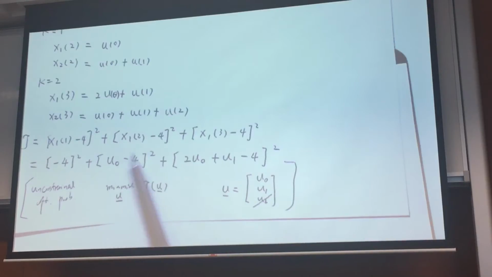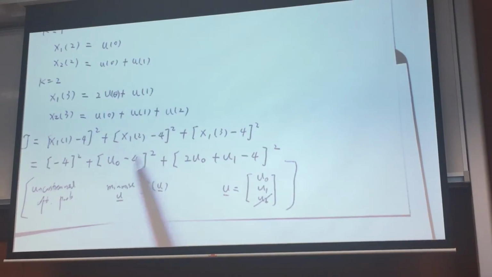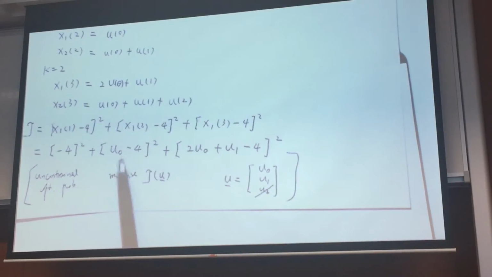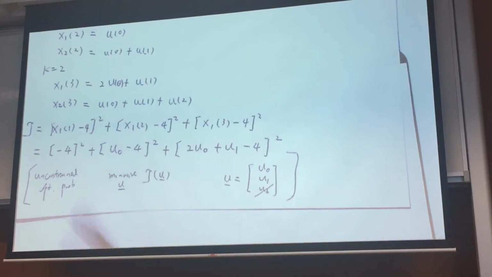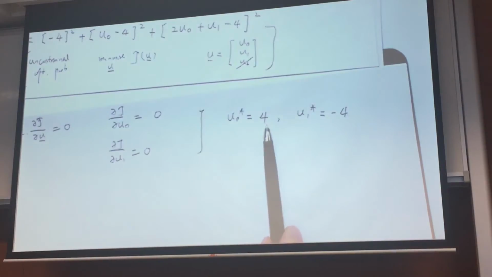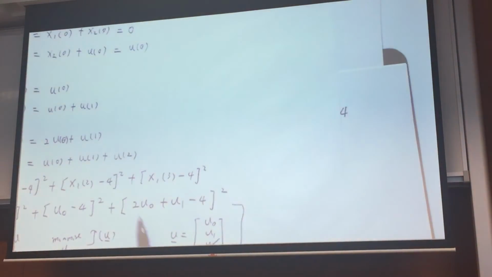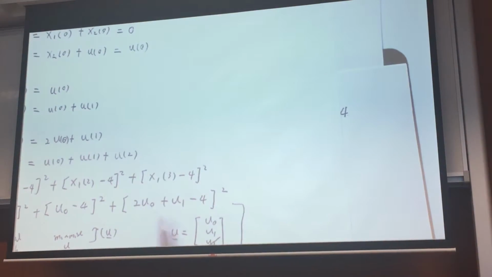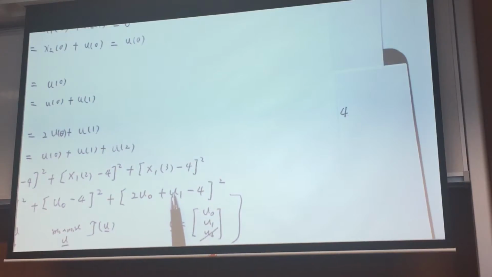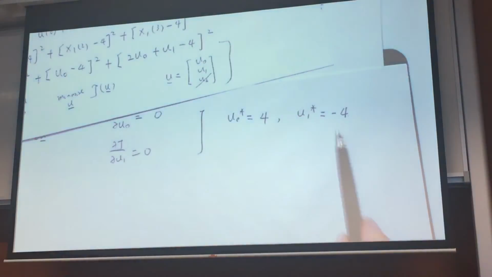For this one, the minimizing point will be given by u0 equal to 4. So that's why we have this u0 star equal to 4. Once you have u0 star equal to 4, you can calculate u1, which will be given by minus 4.